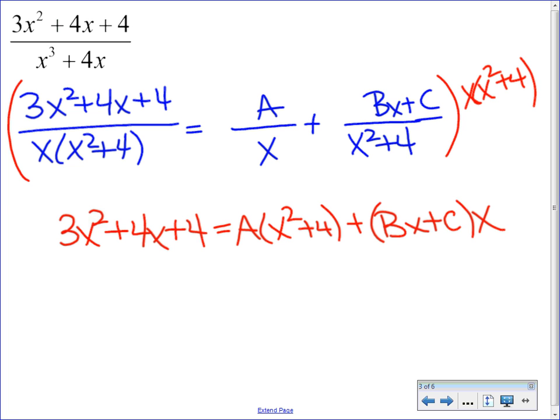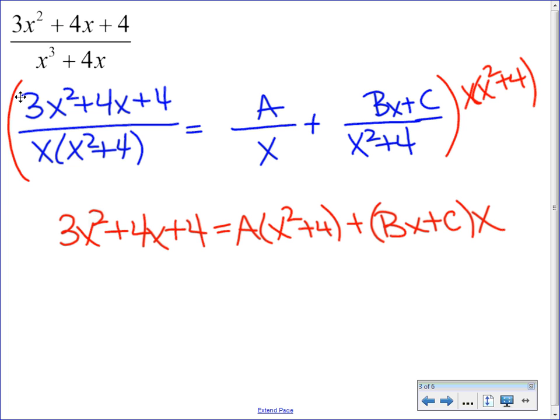Okay? Now, if we try to use the strategy we used in our last example, we can set x equal to 0, and that would be fine. But what would we pick to make this go to 0? It'd be imaginary, and that's not okay. So we're going to have to come up with a different strategy.